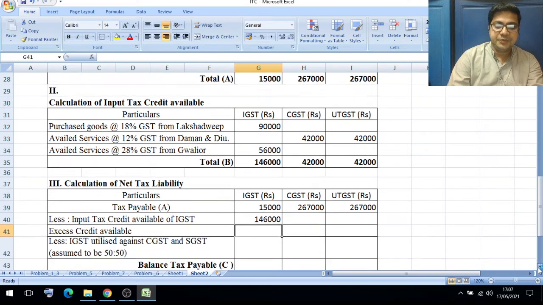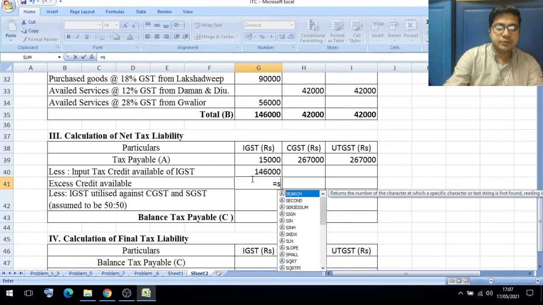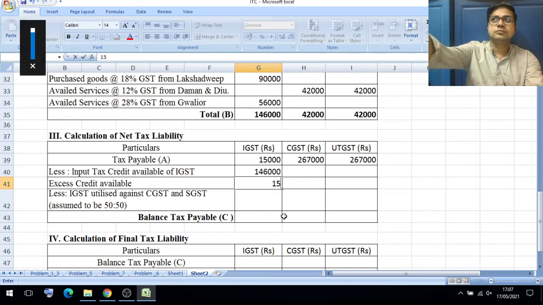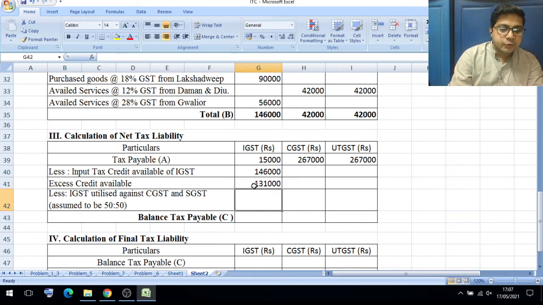Tax liability was 15,000. So we have to deduct 15,000 minus 1,46,000. Whatever total comes, it is 1,31,000. It is not a tax liability.